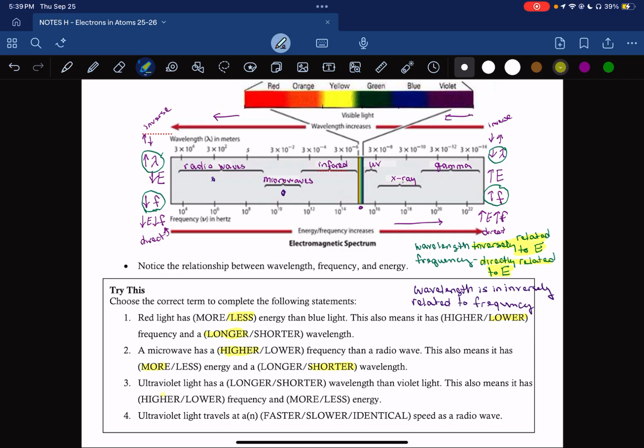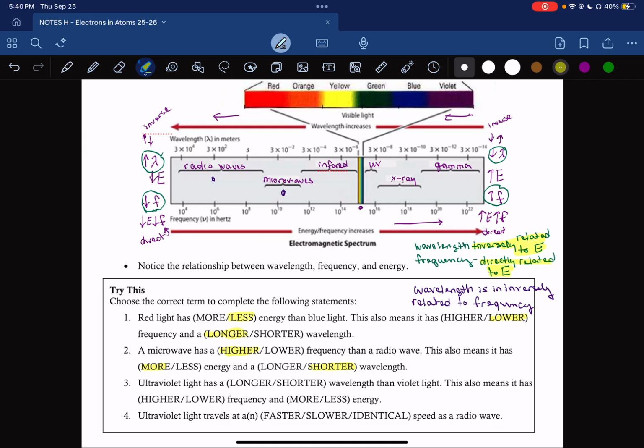All right, so UV light. Does UV light have a longer or shorter wavelength than violet light? Violet light is one of the last colors on that spectrum on the higher energy side. And then the next thing is the UV, ultraviolet light. If we are on the right side, compared to whatever we're comparing to, we know that we're going to have more energy.